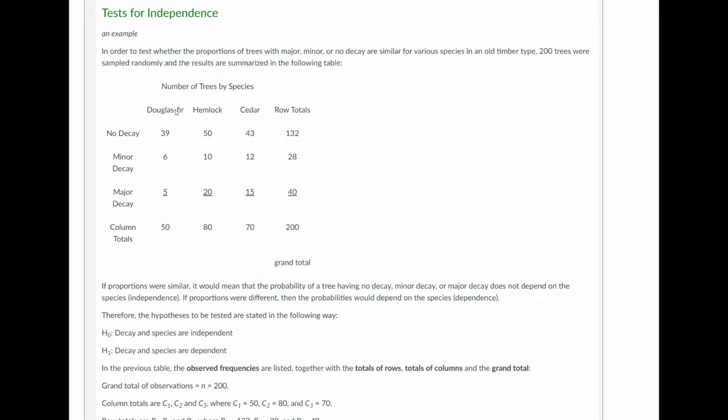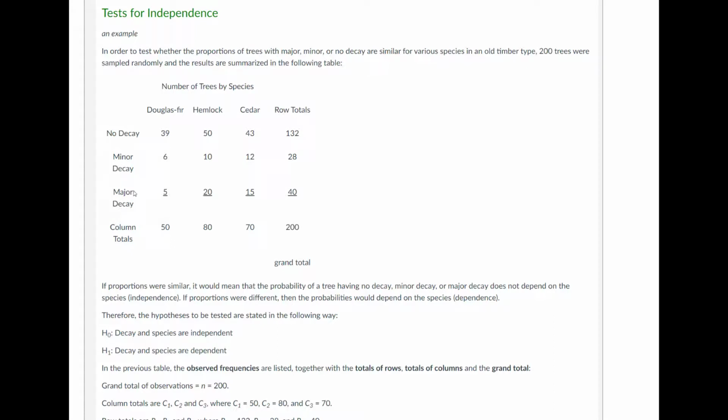In this example, you can see that we have 200 random samples. We divided them into 2 factors: the number of trees by species, that means Douglas fir, hemlock, cedar, and then the level of decay. You can see at first no decay, minor, major.